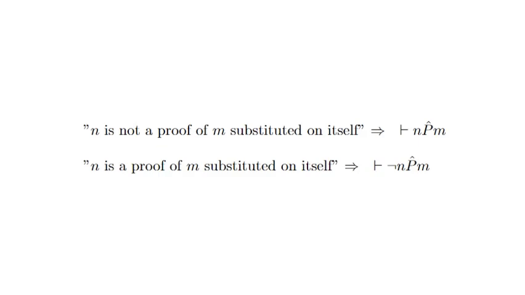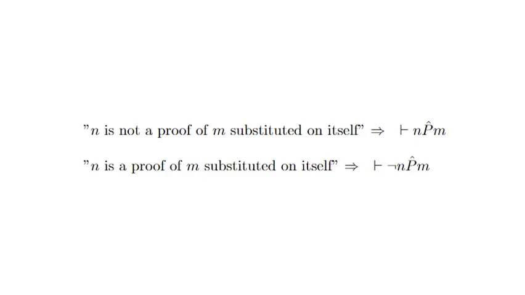So if n is not a proof of m after it substitutes all its variables inside itself with m, then we will be able to prove n P hat m. If n is a proof of m after it substituted all its variables inside with m, then we will be able to prove the negation of n P hat m.